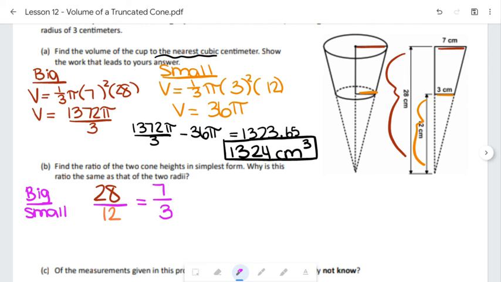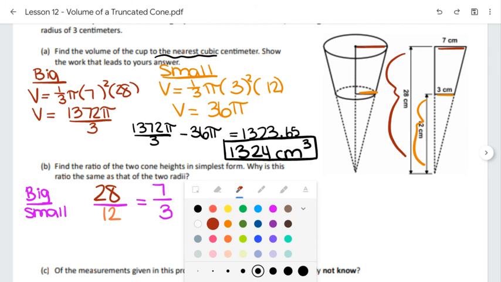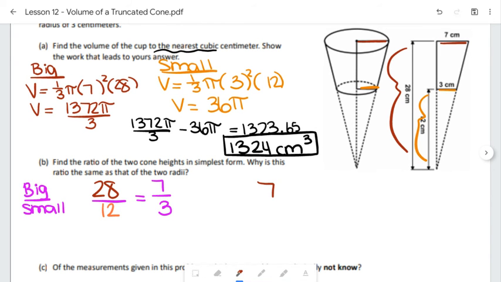This ratio, though, is the same as the radii. So let's look at those radii. The small one is 3, and the large one is 7.